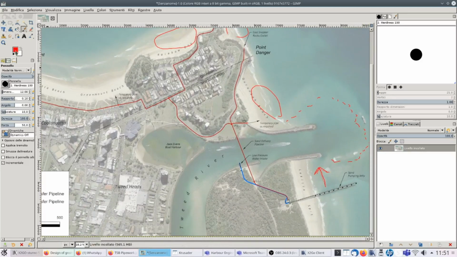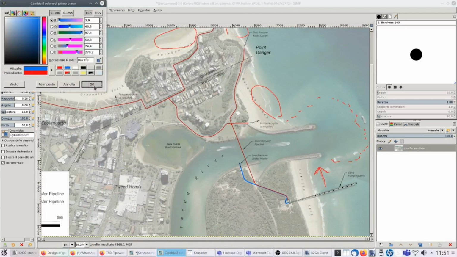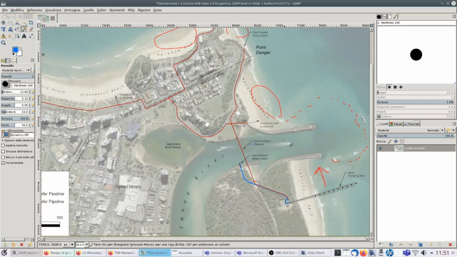So they take the sand from here. And this is a sequence of sand pumps. The black dots are pumps. What they do is they inject water on the seabed.